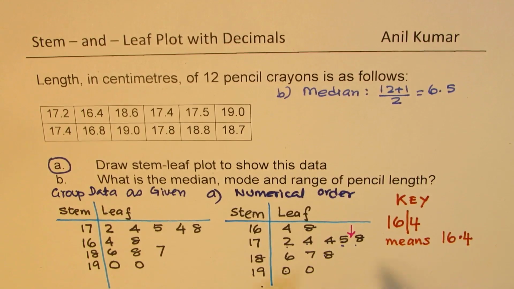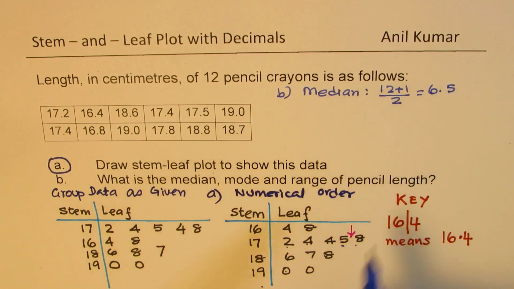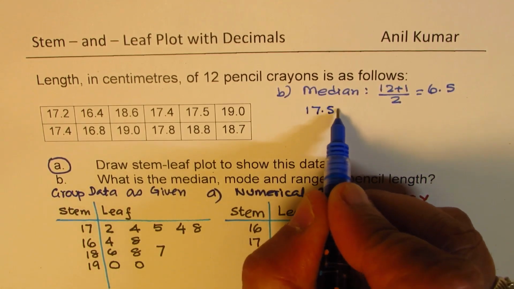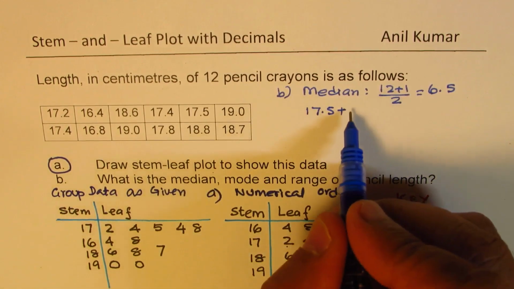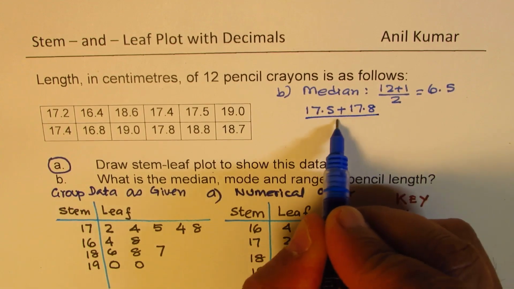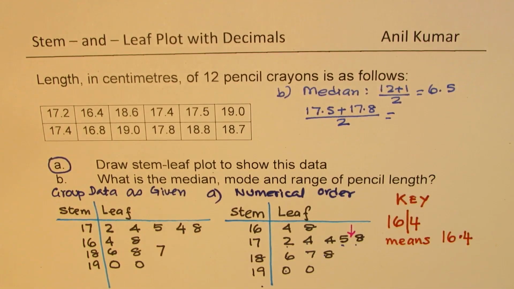So to get the value, we'll add them and divide by 2. So the values are 17.5 plus 17.8, and then we are going to divide this by 2. You get the idea, right? So that is how we are going to do it.